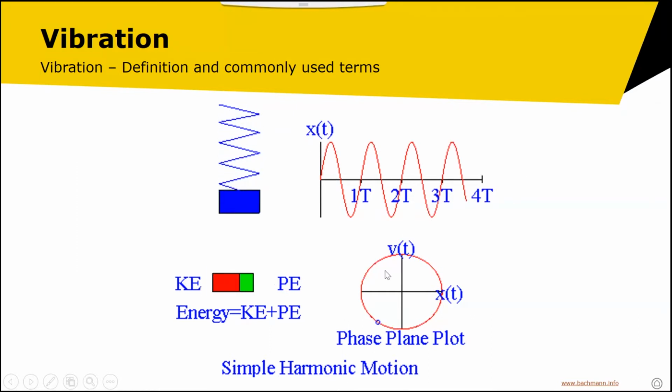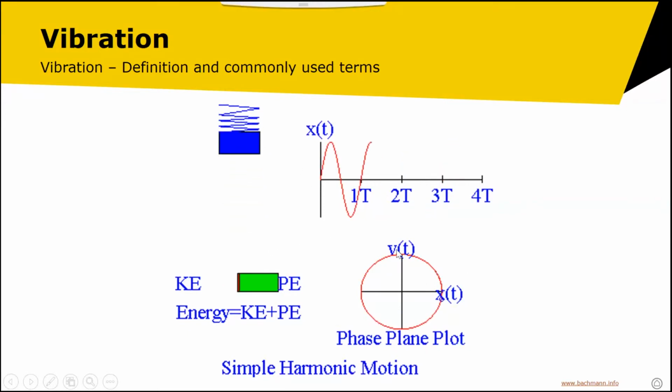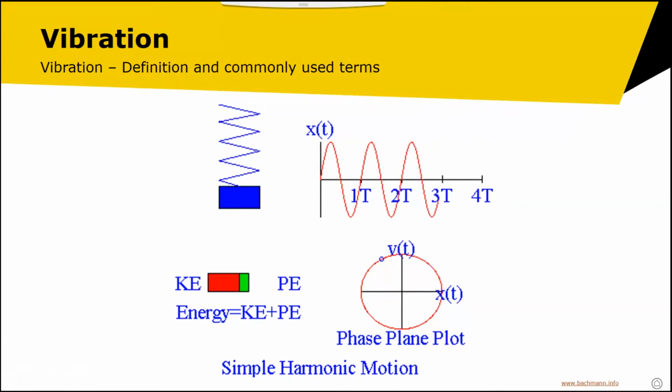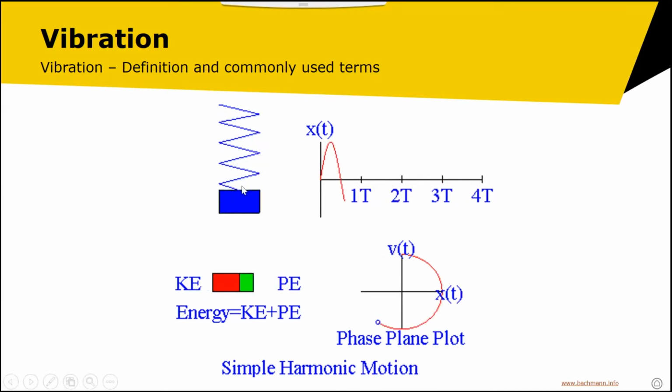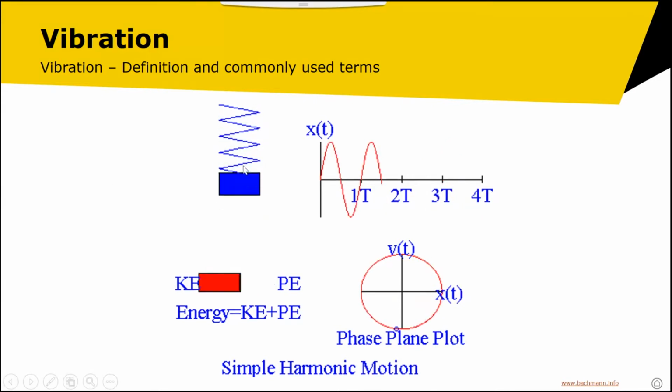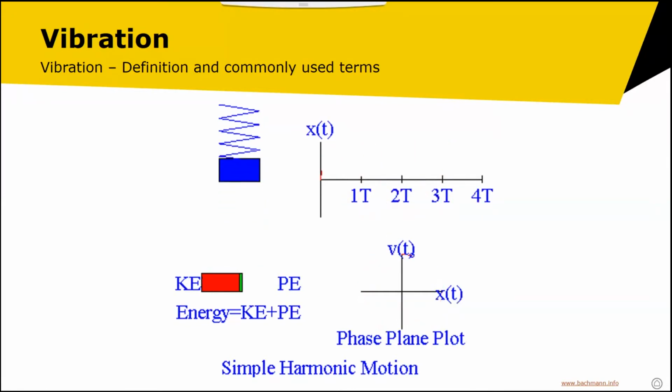And what we can see is that as the displacement varies with time, so does the velocity, but the velocity is changing out of phase with the displacement, because if you think about the speed of the spring, it's going at its maximum speed as it goes through the equilibrium point. And then also you have the acceleration, which is going in the opposite direction to the displacement.